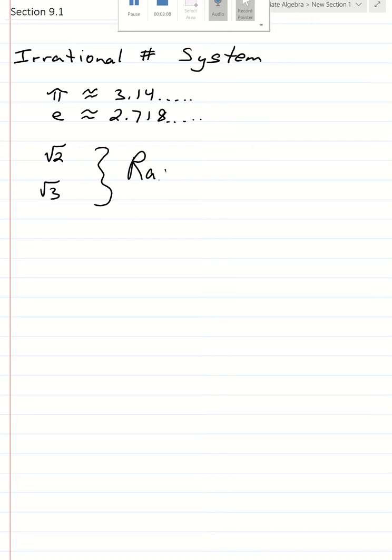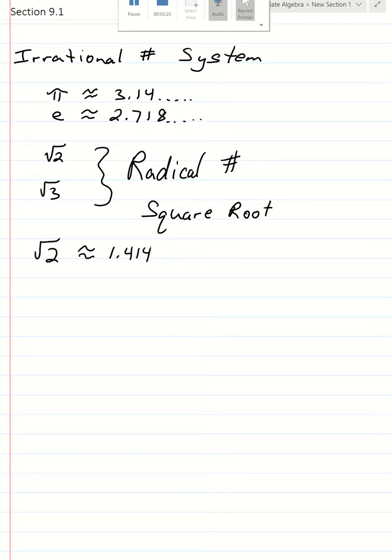These radical numbers. And particularly, these are what we call square roots. The square root of 2 has a decimal approximation of 1.414, okay? And it keeps on going.